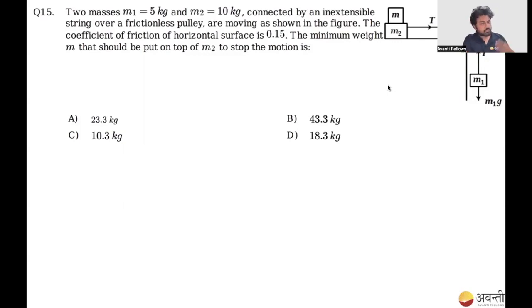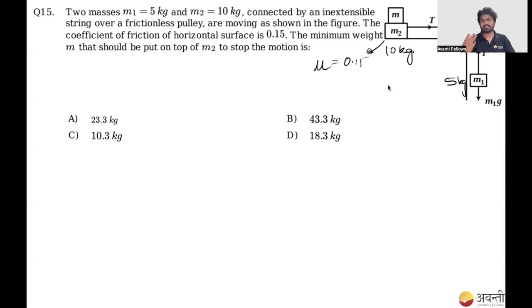So it is telling there are two masses, M1 and M2. M1 is 5 kgs, M2 is 10 kgs. They are connected by an inextensible string, and they are passing over a frictionless pulley. Now the coefficient of friction of the horizontal surface is 0.15, which is mu.